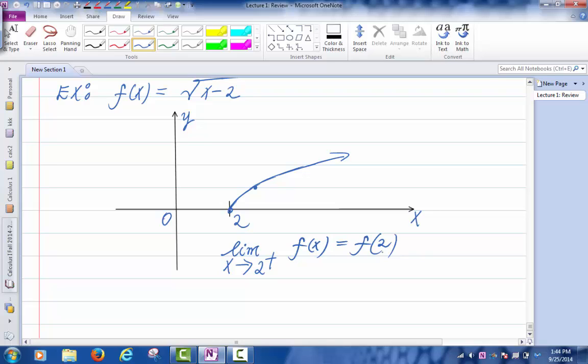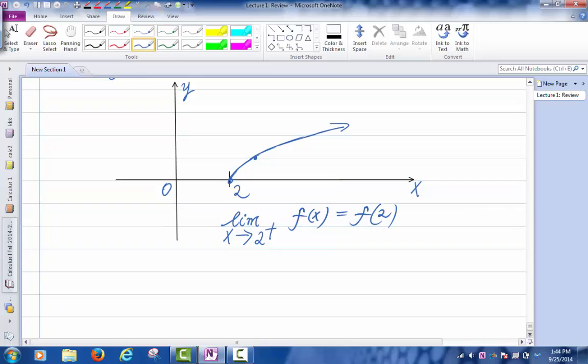So when that happens, we are going to say that the function is continuous at 2 from the right. So f is continuous at 2 from the right.